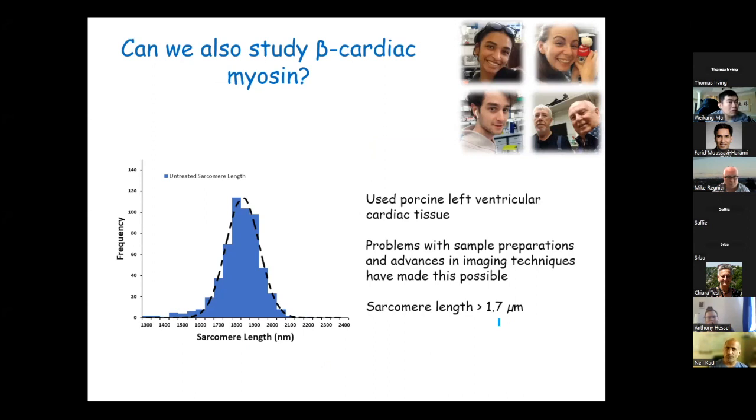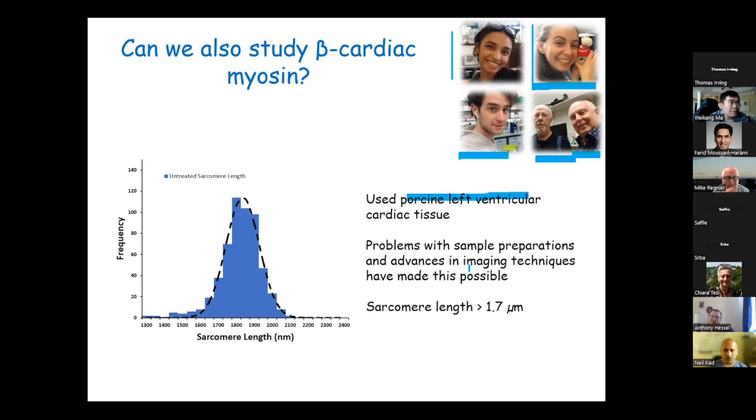And since then, we've moved towards trying to understand beta cardiac myosin working in porcine left ventricular cardiac tissue. And this has been a collaboration with Mike Rainier and Mike Jeeves. And this is the work of Matvey Piligov, who I've spoken about already, and also a master's student, Atika Naim, and a borrowed PhD student from Mike Rainier's lab, Sanette Stetsina.